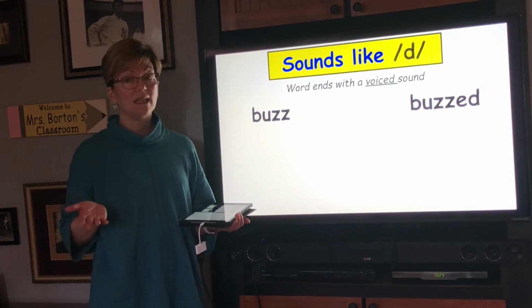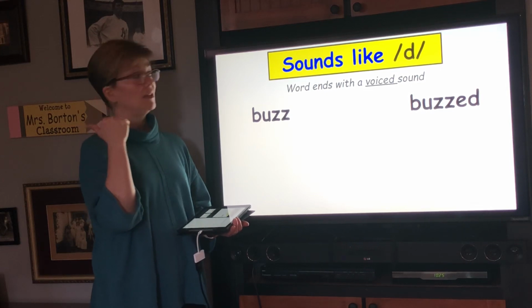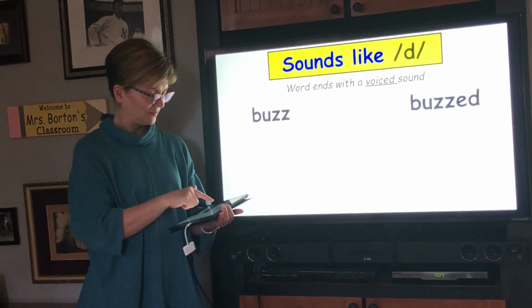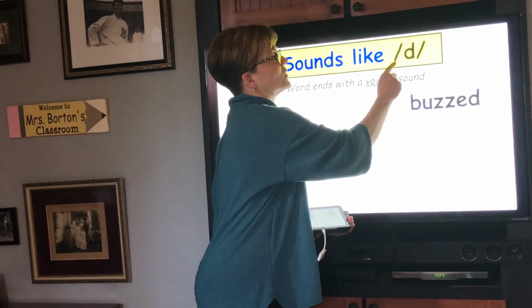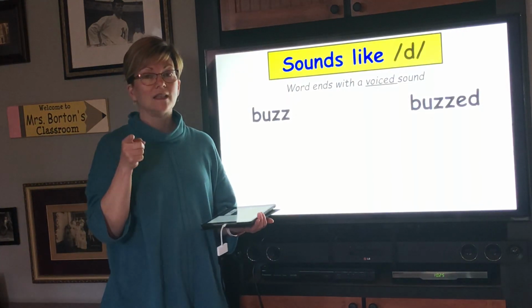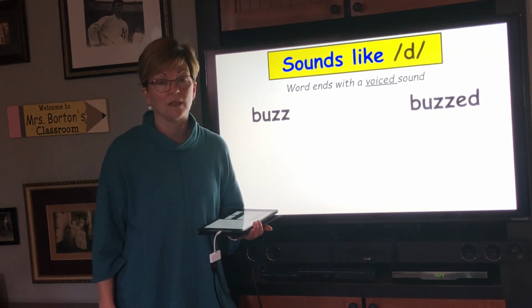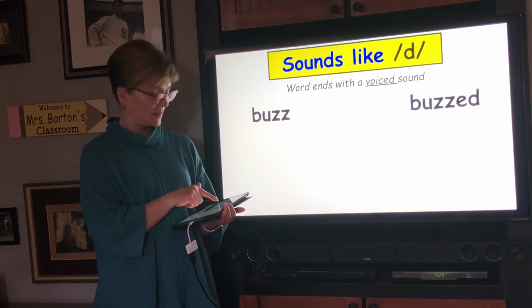All I did was add ed to this verb to make it happen in the past. By the way, when you see these virgules, those are two lines that go around a letter, and that means that's the sound that letter makes. They're just sound lines.